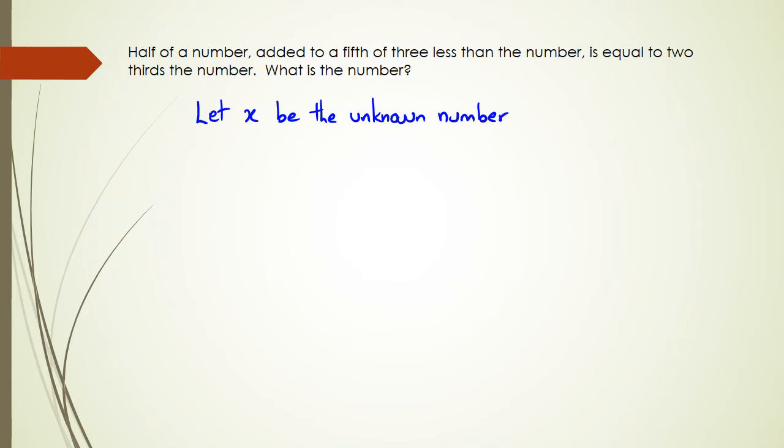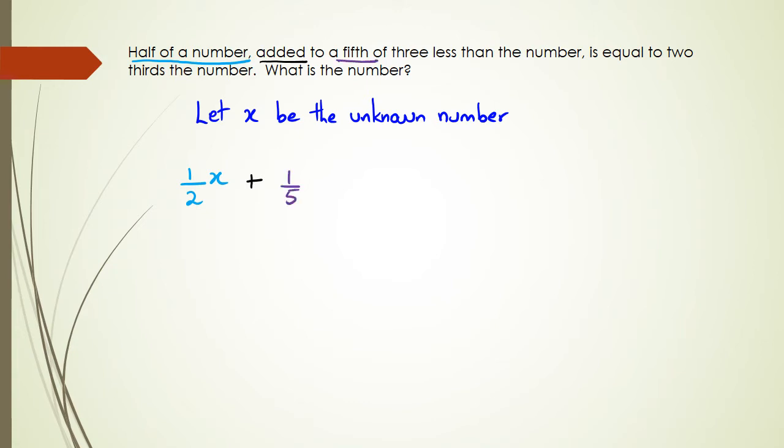All right. So let's actually start looking at each of the components. The first component I'm going to be looking at is half a number. With half a number, that's quite simple because it's half of x. Now it's being added to a fifth. So I'm actually going to put that fifth already out there.